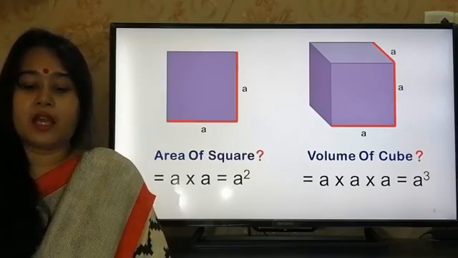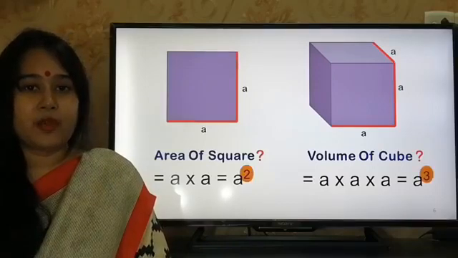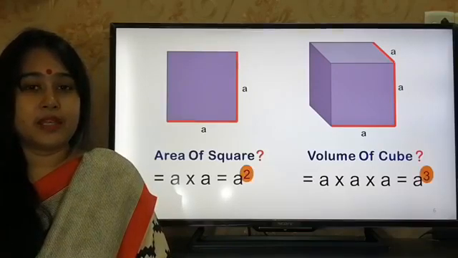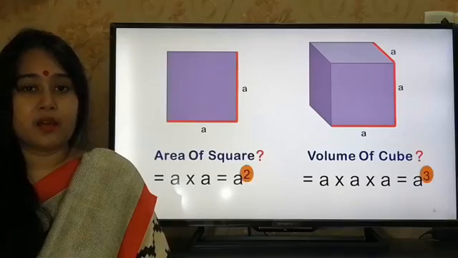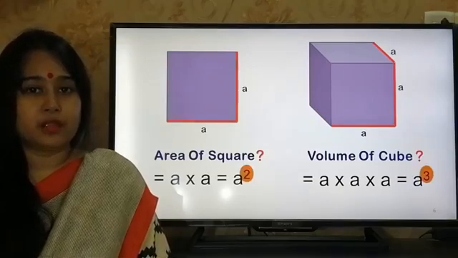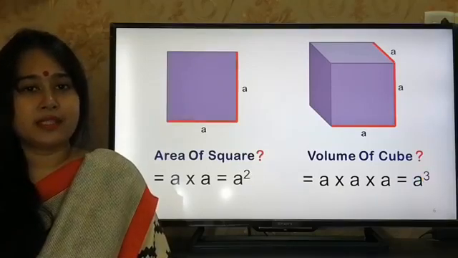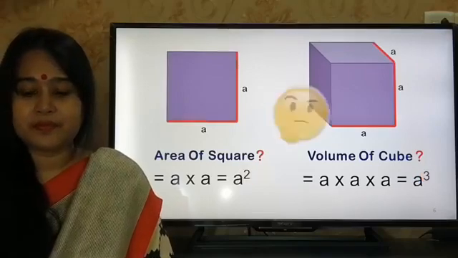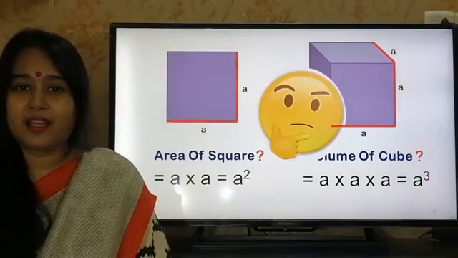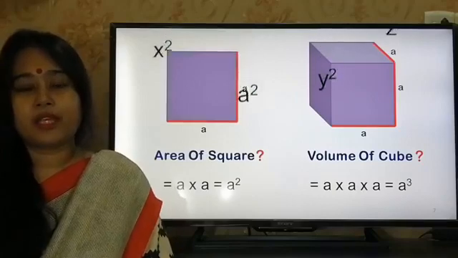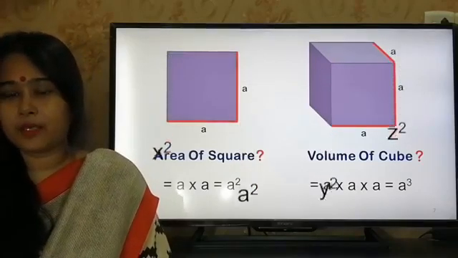Now students, if you look carefully, you can see 2 and 3 are written at the upper right corner of A. What is this number? We often come across these kinds of numbers.